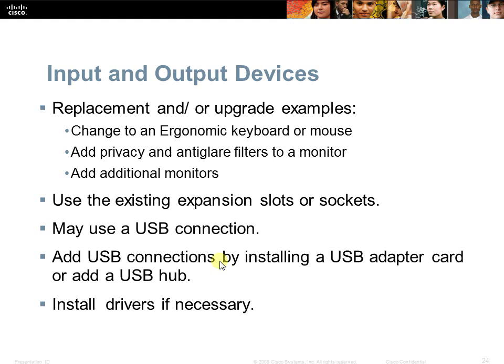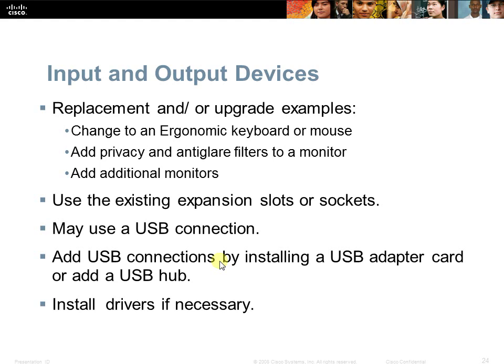So then we have input-output devices. Our input-output devices can be our keyboards, the mouse, the monitors. You sometimes will use the existing slots or sockets, or you might need to use expansion slots, like adding a graphics card. You might be able to connect some of these via a USB connection.